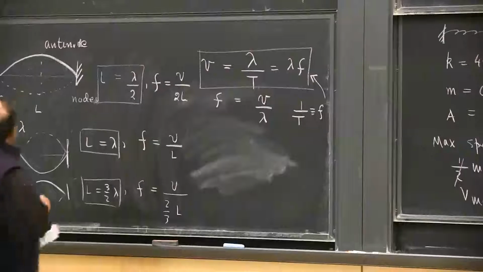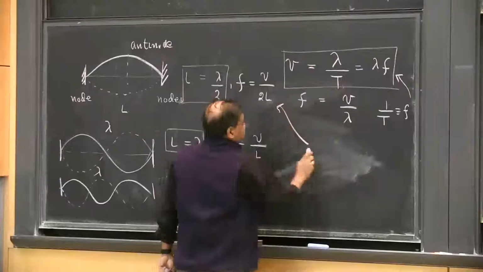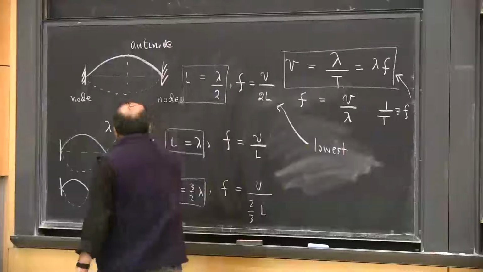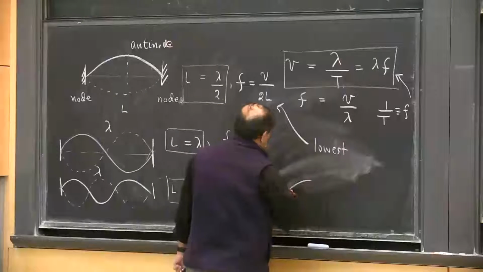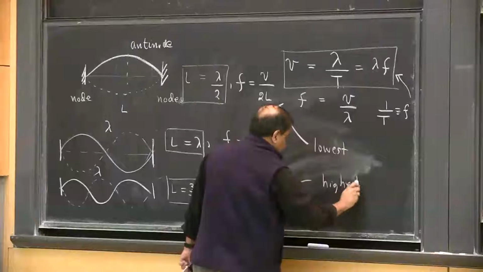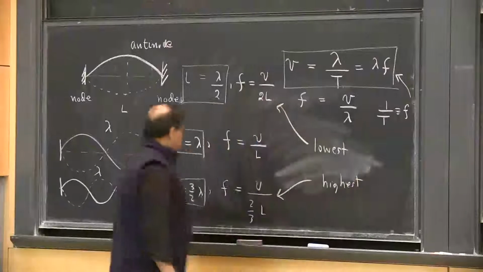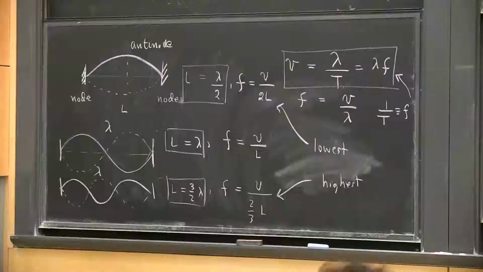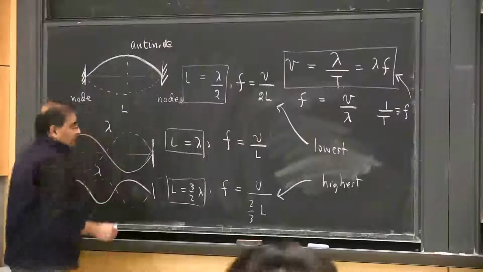The reason is that I want you to see that the frequency is the lowest here, and among these three examples, the frequency would be the highest here, because 2/3 L is less than L, and that is less than 2L and so on. So frequency therefore goes down as the wavelength goes up.